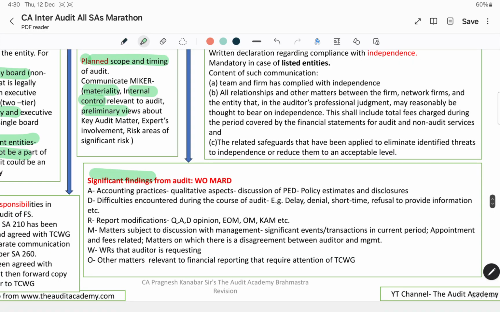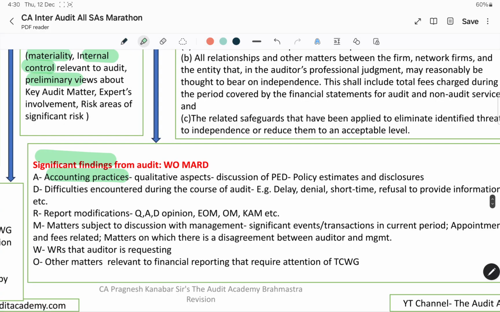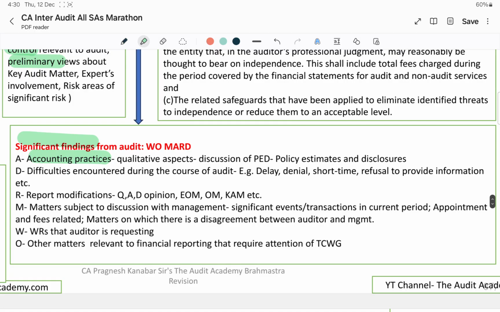Significant findings from the audit: accounting practices, qualitative aspects, discussion of the policies, estimates and disclosures, difficulties encountered during the course of the audit, such as delay, denial, short time, refusal to provide information, etc.